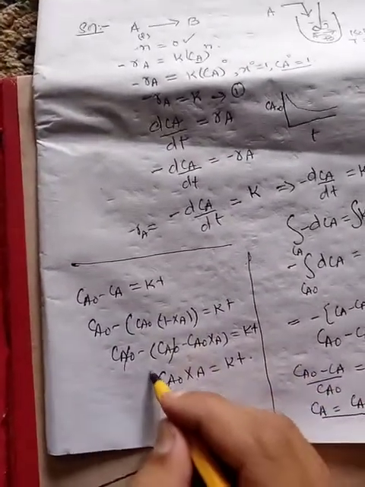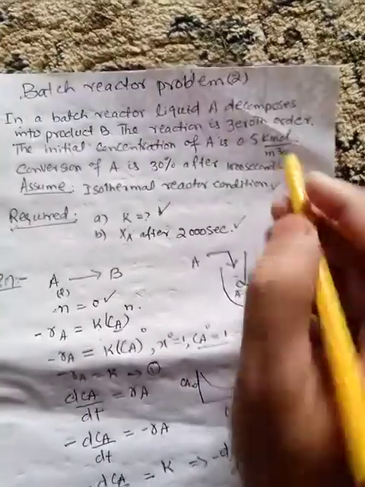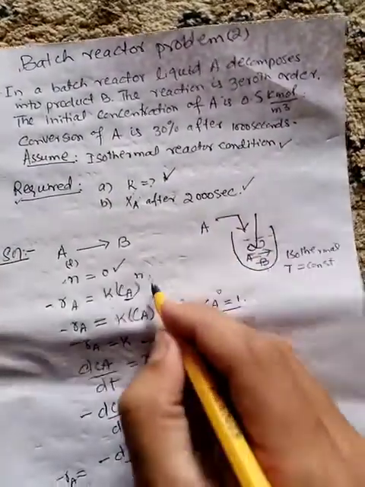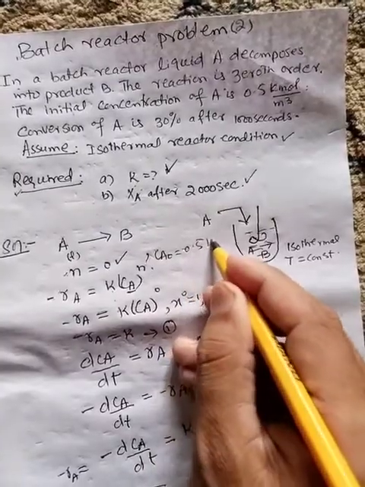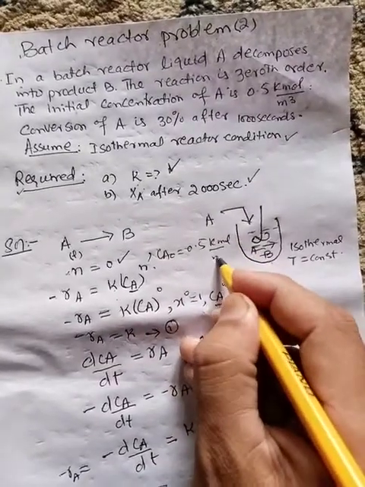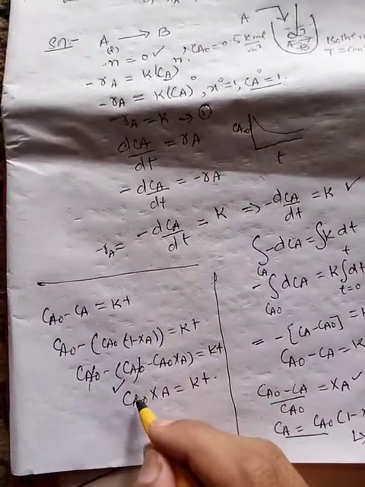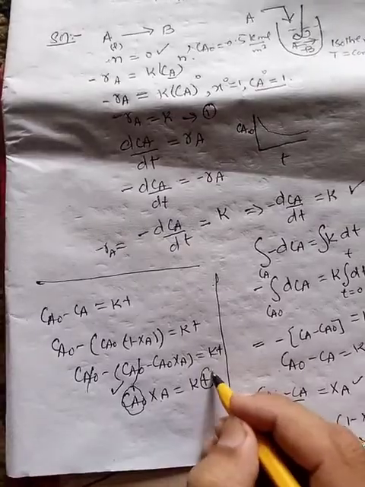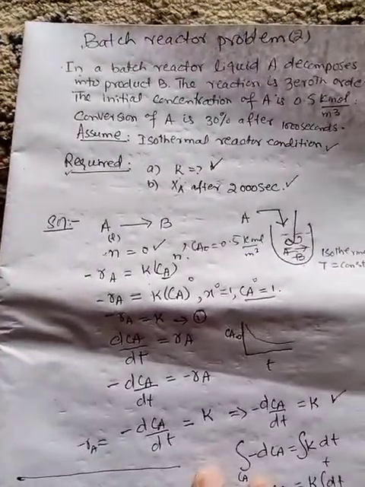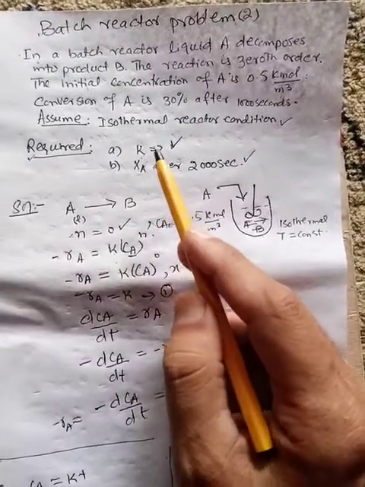Now the initial concentration of A is given as 0.5 kilomole per cubic meter. So Ca0 is given to us, 0.5 kilomole per cubic meter. The time is also given to us.